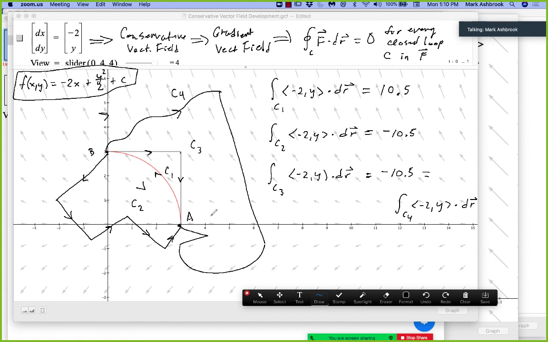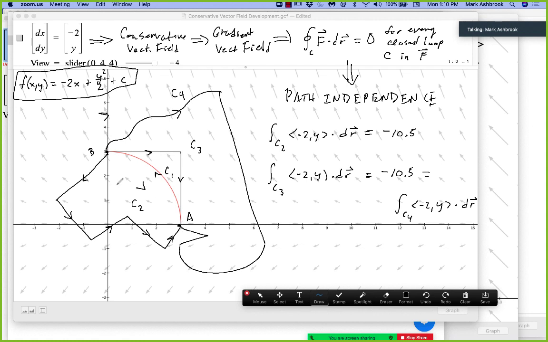So what we have here is what's called a conservative vector field. A conservative vector field is a gradient field. Every closed loop is equal to 0. But now we have another conclusion to that, and that's what's called path independence. Given any starting point, any ending point, every line integral from that start to that end is going to have the same value.